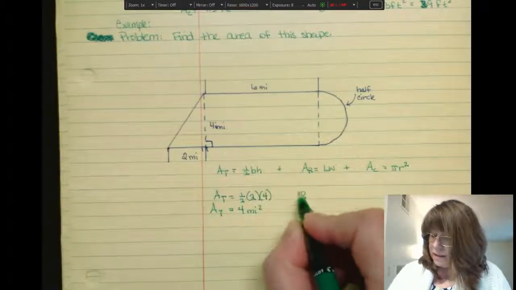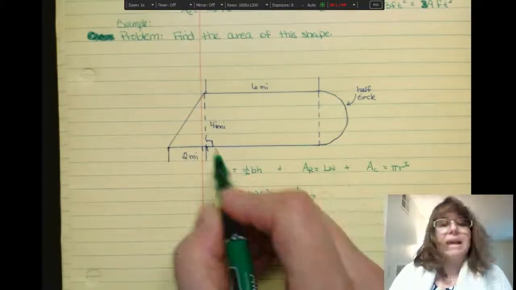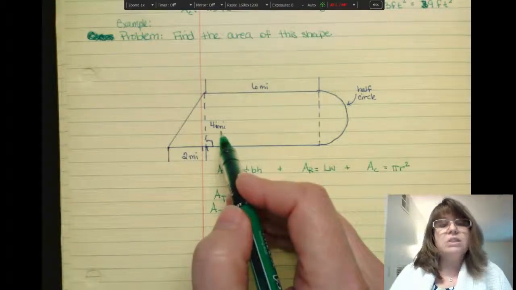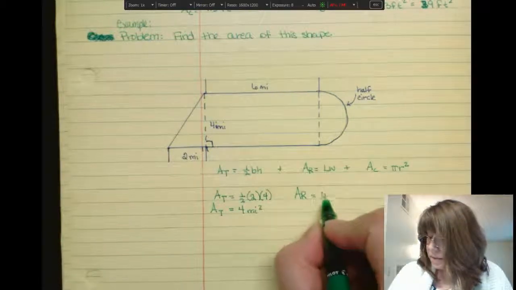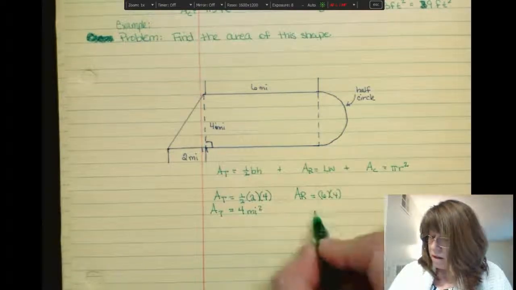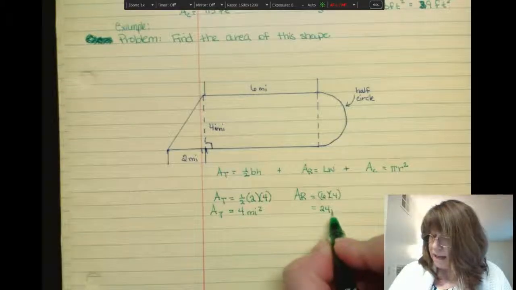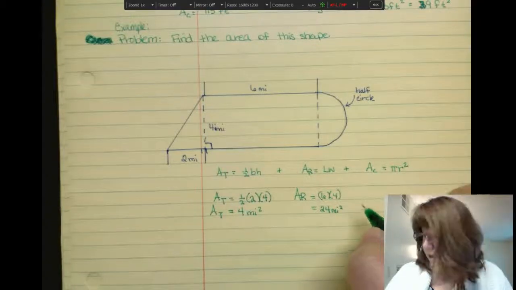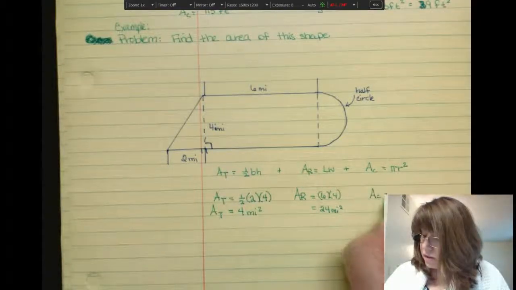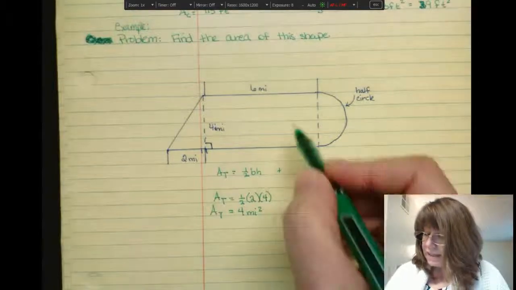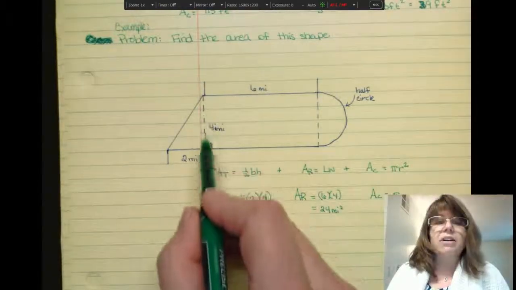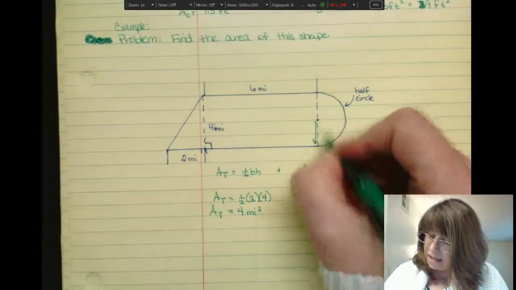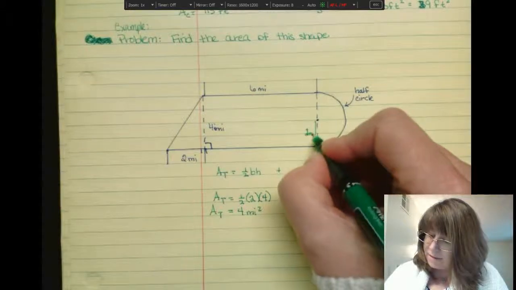My area of the rectangle equals my length, which is 6 miles, multiplied by my width, which is 4 miles. So 6 times 4 will get me 24, again, now miles squared. I don't want to forget it, but I just don't want to have to write it over and over again. And then my area of the circle is going to be pi. My radius is going to be half of the height here. Right? If this is the half of my circle, that's going to be 2 miles.